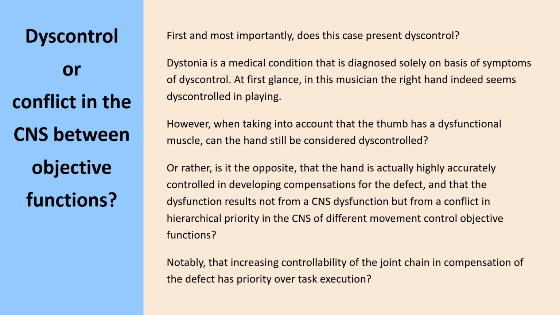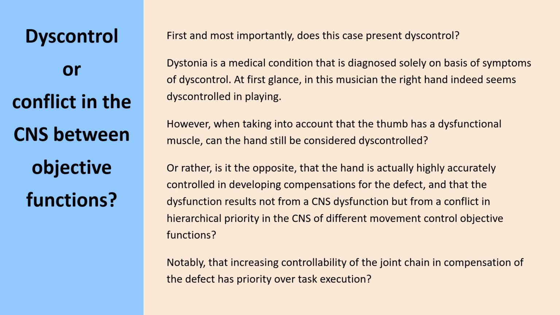Or rather, is it the opposite, that the hand is actually accurately controlled in developing compensations for the defect, and that the dysfunction results not from a CNS dysfunction, but from a conflict in hierarchical priority within the central nervous system of different movement control objective functions.